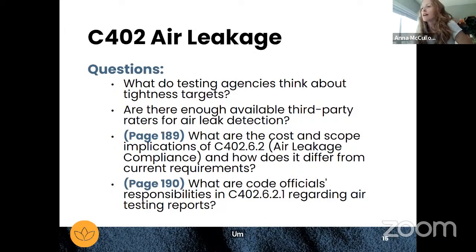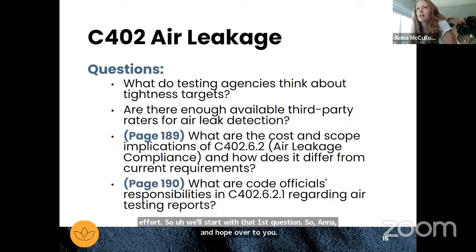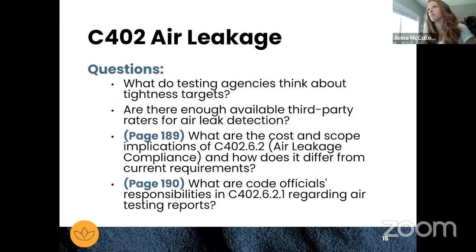Yeah, so Hope, feel free to jump in here. My understanding, I don't have a good sense for what exactly the cost will be to meet the new requirements of the air leakage.